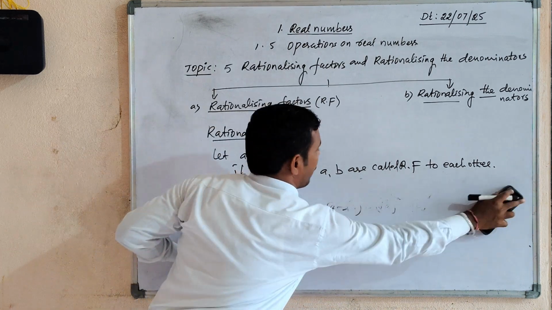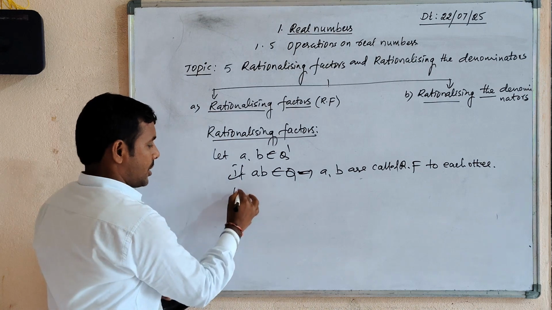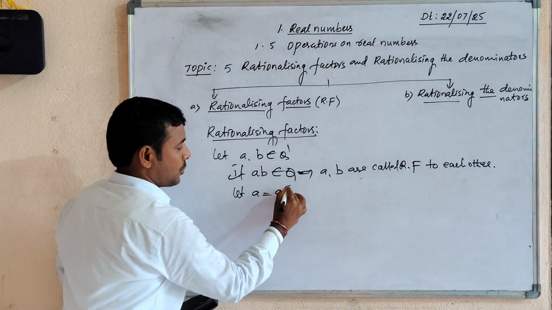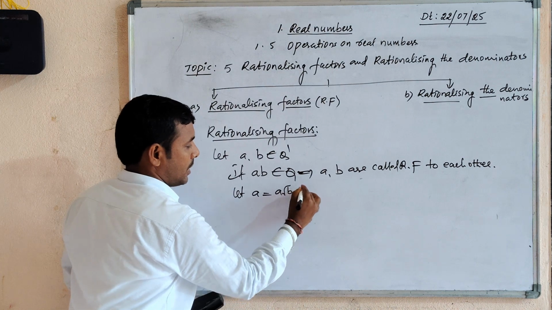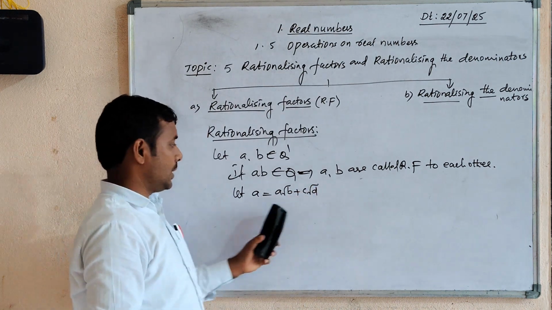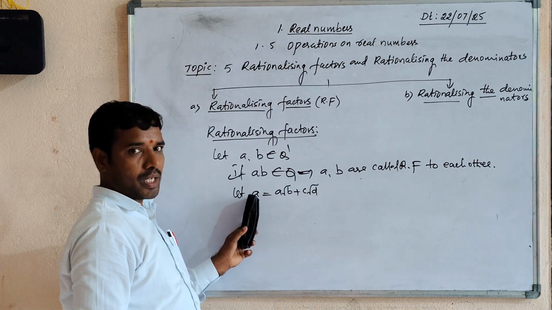Let us see one more small example. Let a be equal to a into square root of b plus c into square root of d. It is one of the irrational numbers, which is treated as a.